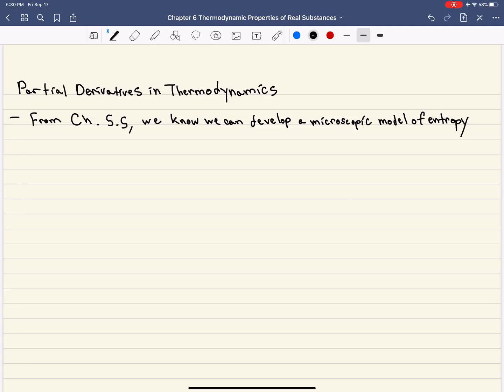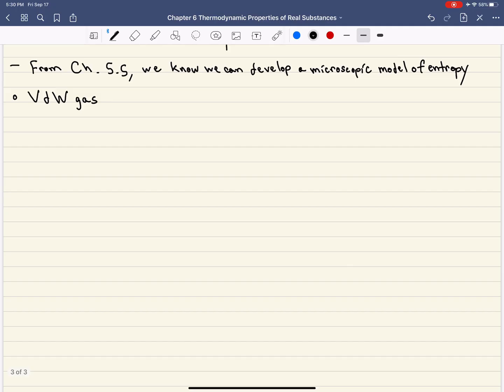For example, if we consider a van der Waals gas, so not an ideal gas, but a gas in which we allow there to be molecular interactions and also the gas molecules to take up space, we could derive a microscopic entropy model that looks like this.